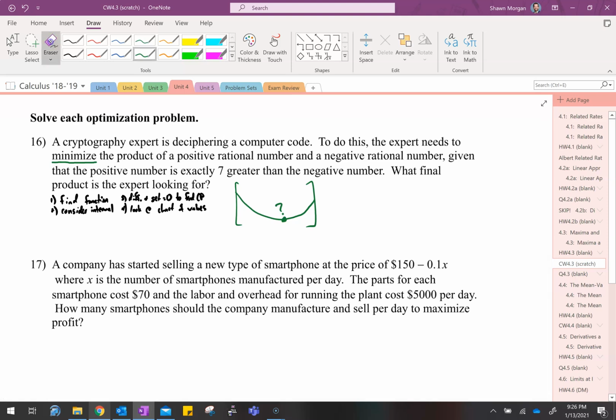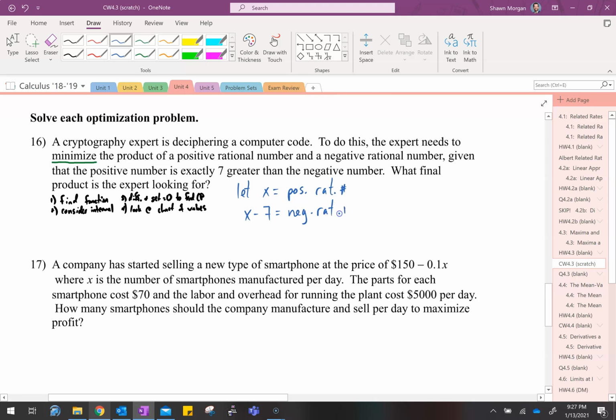When we follow this process, considering the function, let's see if we can first write up what that equation should be. It says the product of a positive rational number and a negative rational number, given that the positive number is exactly 7 greater than the negative number. So I'm going to let x equal the positive rational number. The positive is 7 greater than the negative, so x minus 7 is the negative rational number.